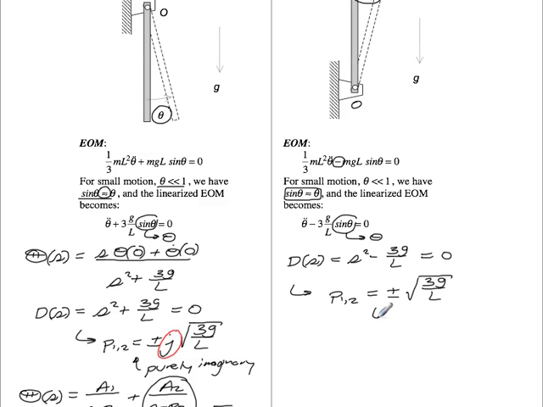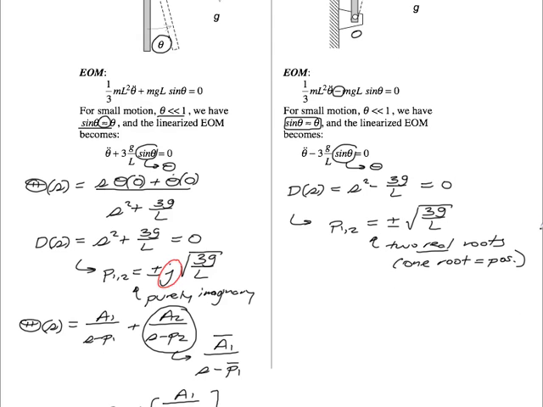On this side we have two real roots. And the key thing here is that one root, one pole is positive. That is what makes all the difference in the world.